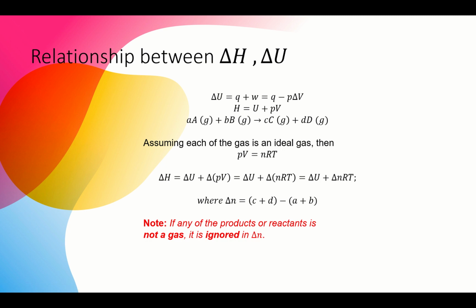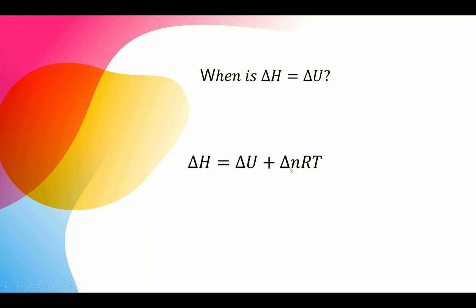The next question that we asked was, when is delta H equal to delta U? It doesn't take so long to guess by looking at this expression. It's quite obvious when delta H equals delta U. If that is still not obvious to you, go figure, okay? It's all in the lecture notes.